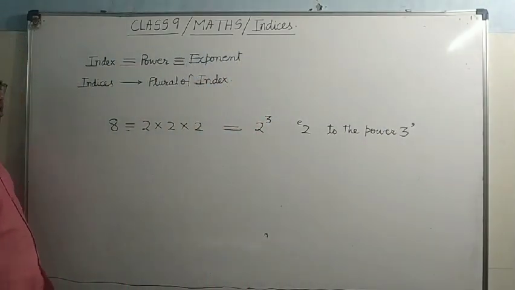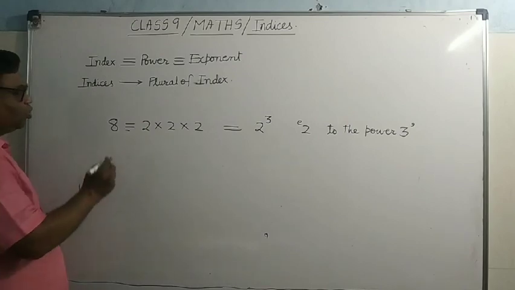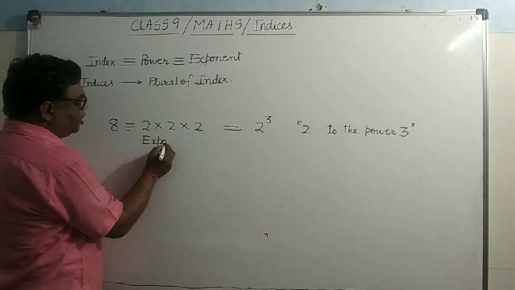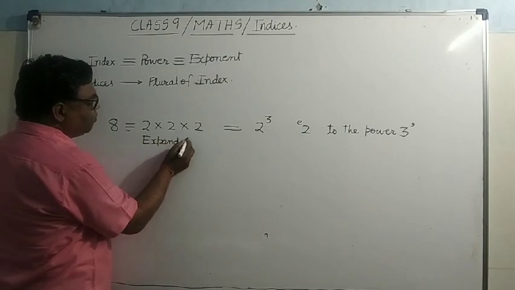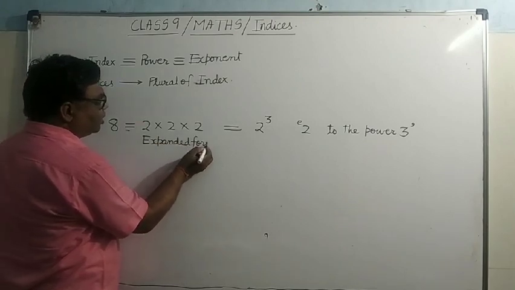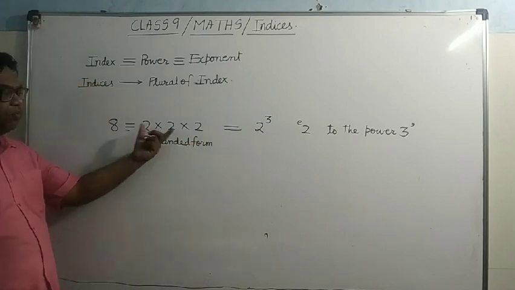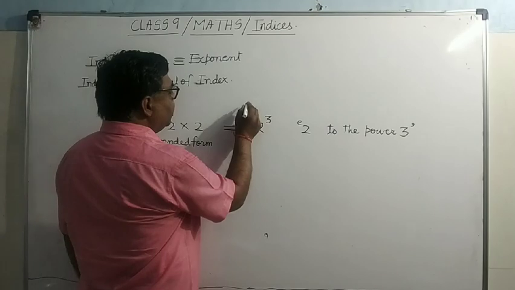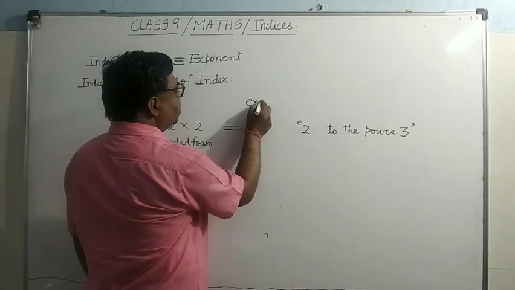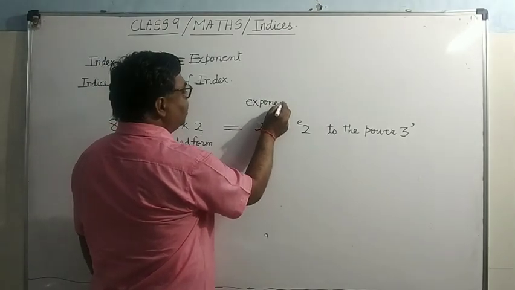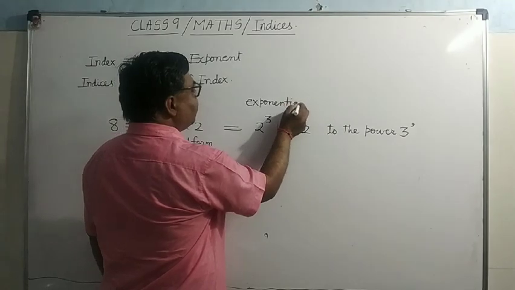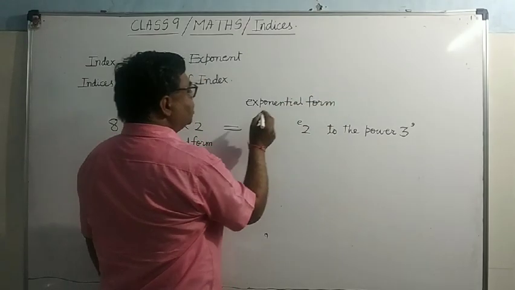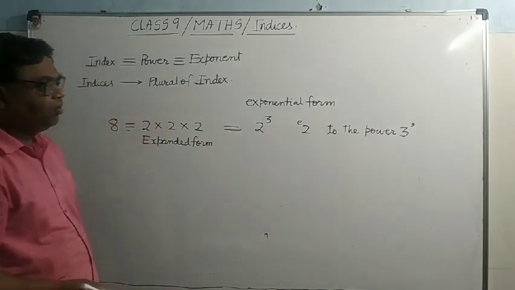It's clear. Now see here. This is known as expanded form. When it is written in the product of prime numbers, it is known as expanded form. And this is known as exponential form. Exponential form means in the form of power.